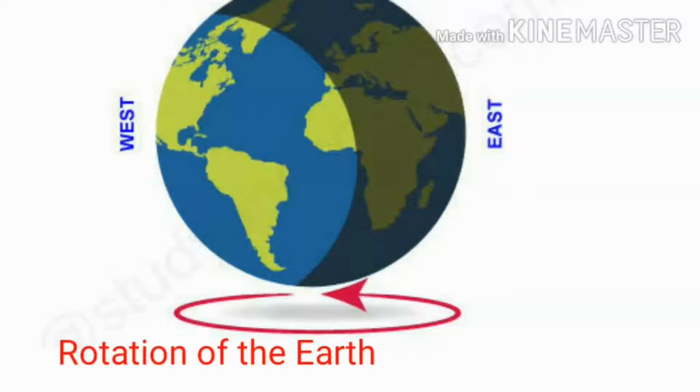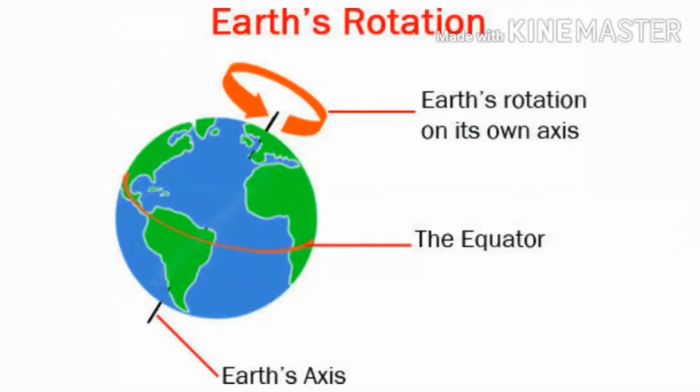Rotation of the earth. When an object spins around itself on an imaginary line passing through its center, it is said to be rotating around its axis.